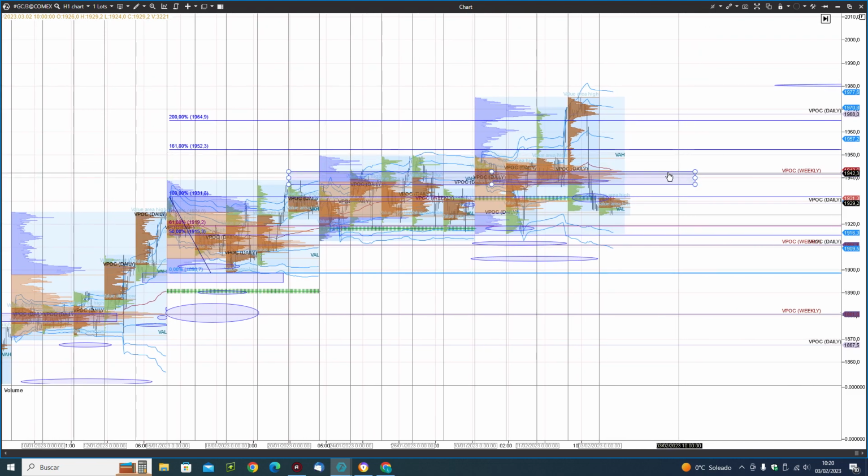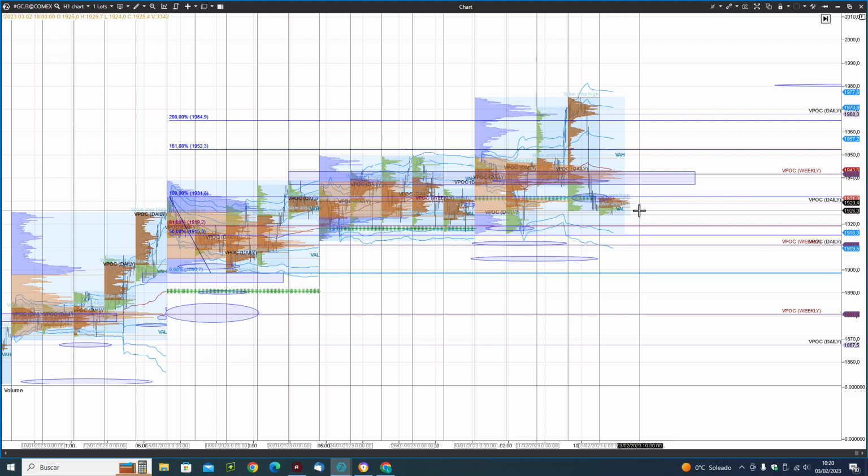The dominant volume node is this zone, the current weekly VPOC, about 1941 to this old daily VPOC at 1937. These are the most important targets. This zone is the most important target.